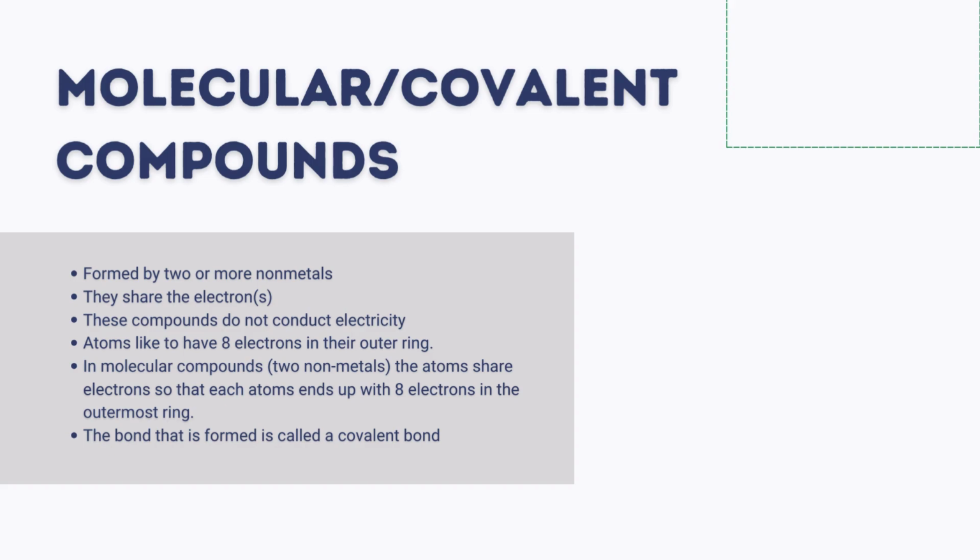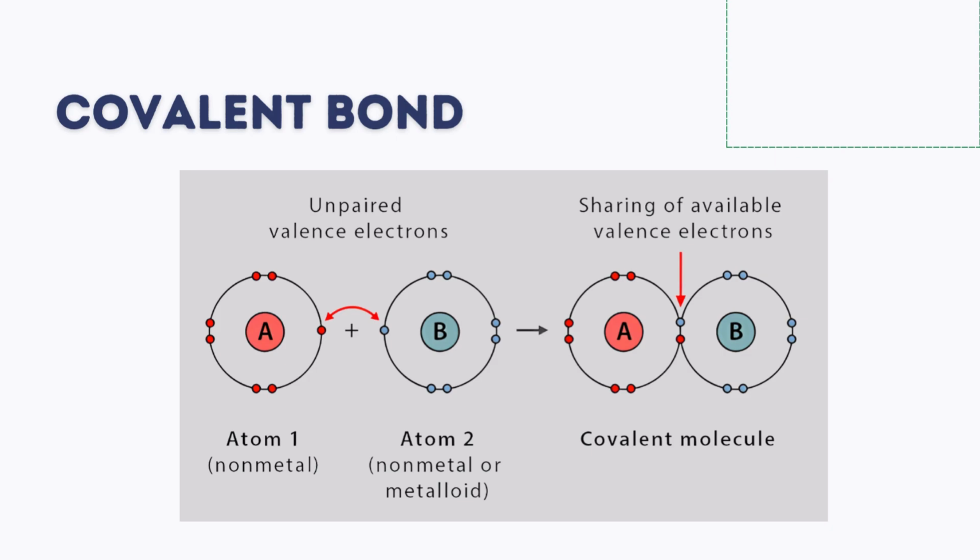Overall, molecular compounds play an important role in chemistry and are used in a variety of applications such as medicine, electronics, and agriculture. A covalent bond is a type of chemical bond where two nonmetal atoms, or a nonmetal and a metalloid atom, share electrons in order to achieve a stable electron configuration.